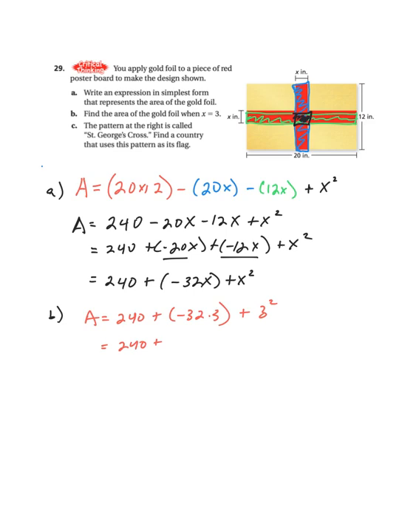Let's see, 32 times 3 is 96, so plus negative 96 plus 9. And now we just need to simplify 240 plus negative 96 is 144, plus 9 is 153. So that's 153 square inches. Okay, and then part C tells us to find a country that uses this pattern as its flag, and I will leave that to you.